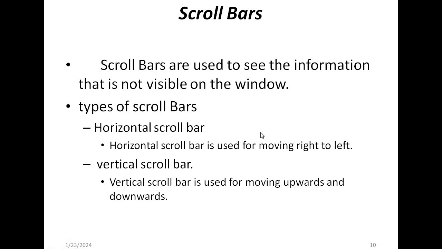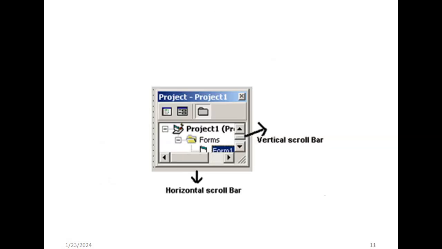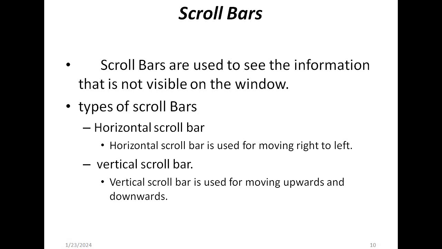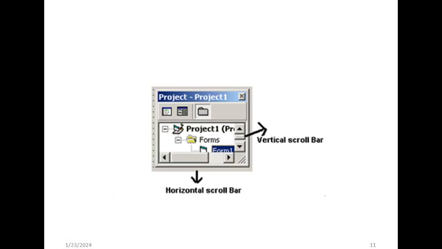These scroll bars can be used in many regular applications, or in web applications also. Web applications are based on these kinds of components in the window, like this. The horizontal scroll bar and vertical scroll bar are shown here.